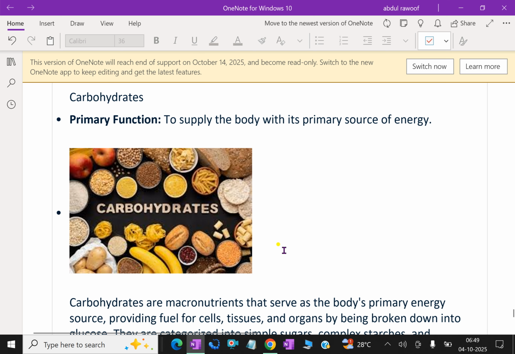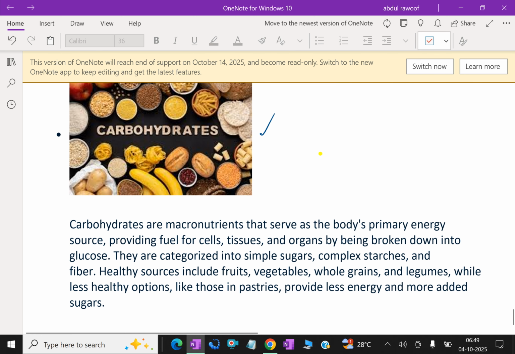Carbohydrates: the primary function is to supply the body with its primary source of energy. Carbohydrates are macronutrients that serve as the body's primary energy source, providing fuel for cells, tissues, and organs by being broken down into glucose.